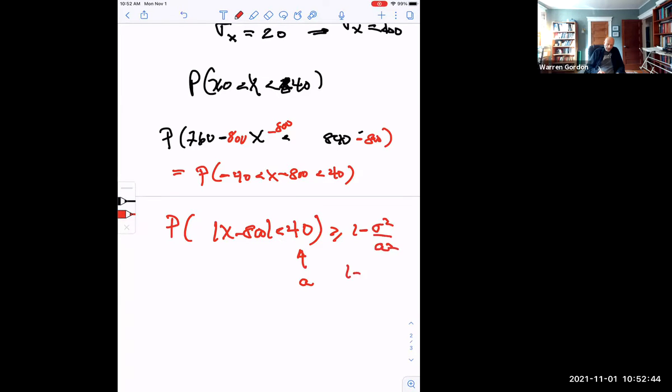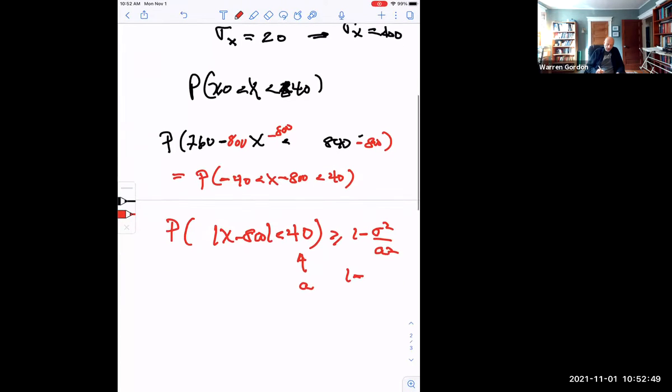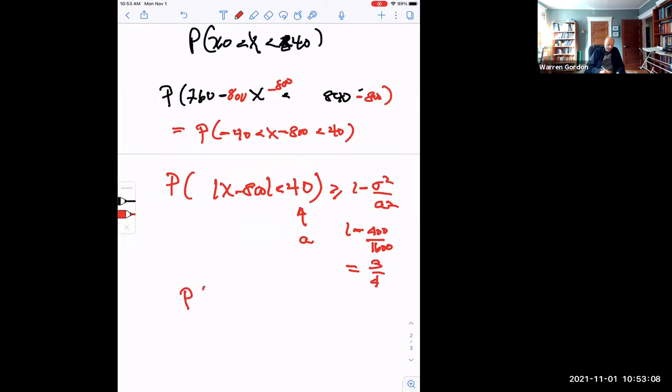In this case, sigma squared is 400 and A is equal to 40, so A squared is 1600. That's equal to 1/4, so 3/4. So I just proved that the probability that the absolute value of X minus 800 is less than 40 is at least 3/4.